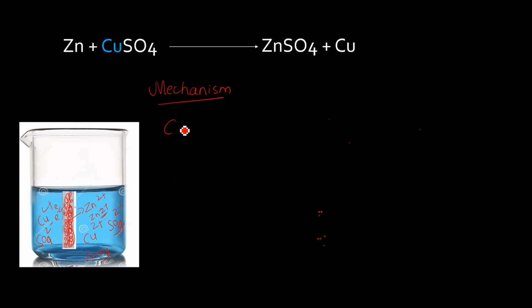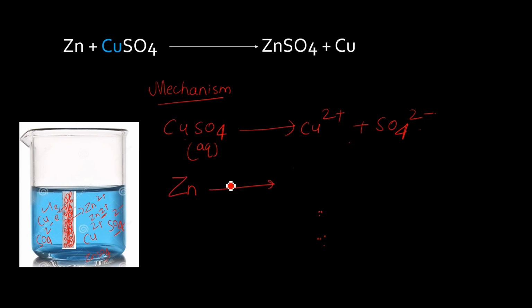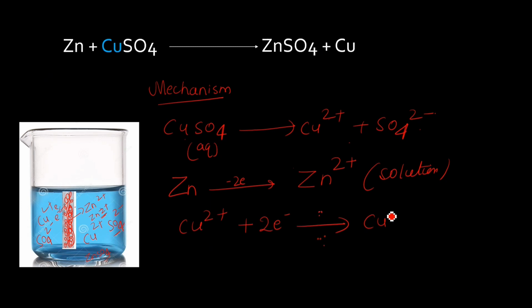So copper sulfate aqueous will dissociate into copper ions plus sulfate ions, and the zinc will lose electrons and form Zn2+ ions, which go into the solution. These two electrons are accepted by the copper, which deposits on the zinc strip as a red-brown layer.